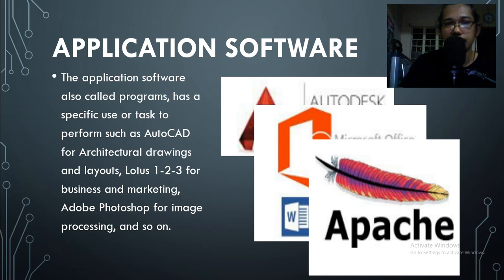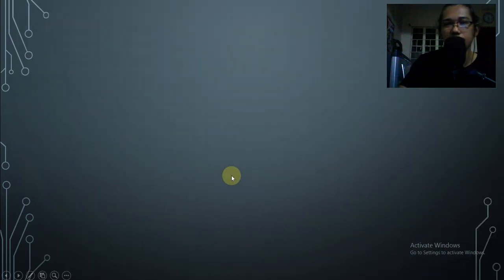So those are application software, o pwede rin natin tawagin, those are also known as programs na ina-apply, nilalagay natin. Pero tandaan nyo nakadepende pa rin sa OS ang functionality ng isang program. Pag hindi kaya ng OS ang program na nilalagay nyo sa kanya, hindi siya mag-work. Magka-crash lang siya, or either hindi siya mag-upload or magda-download.